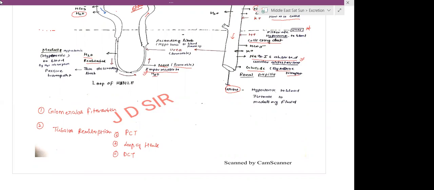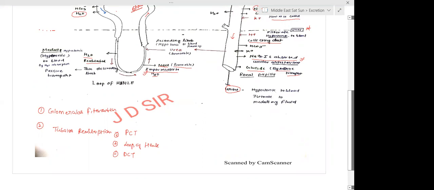In the descending limb, which means this part, water is reabsorbed due to osmosis, and the filtrate becomes hypertonic.